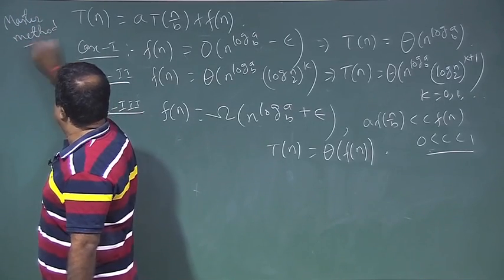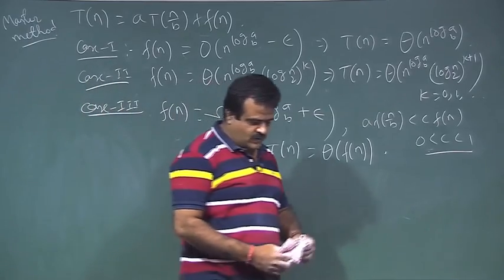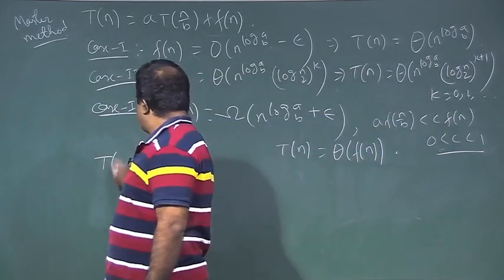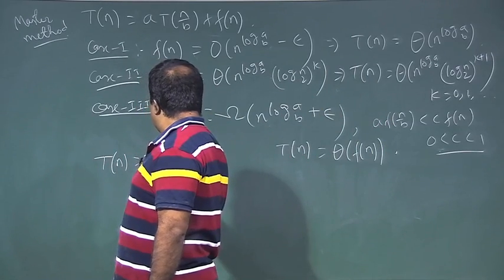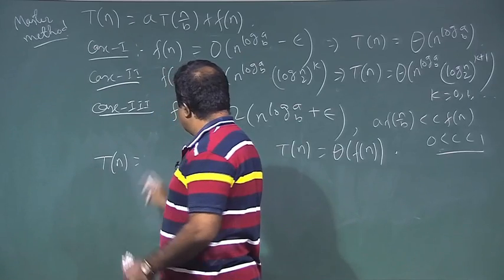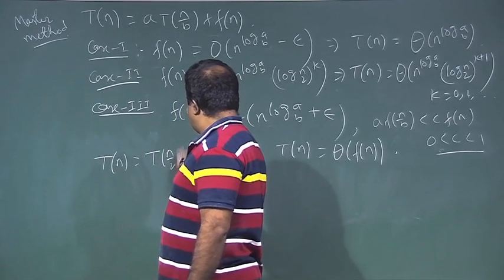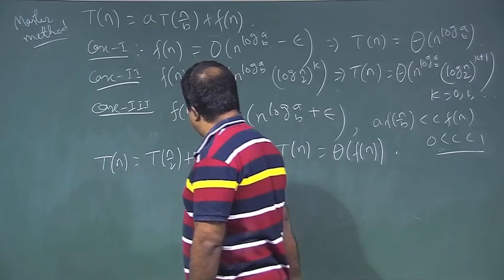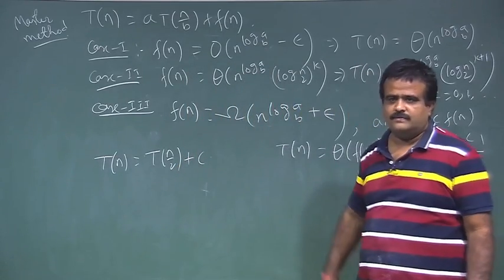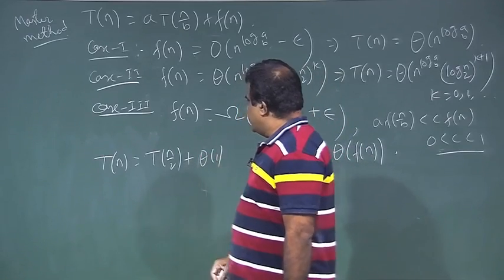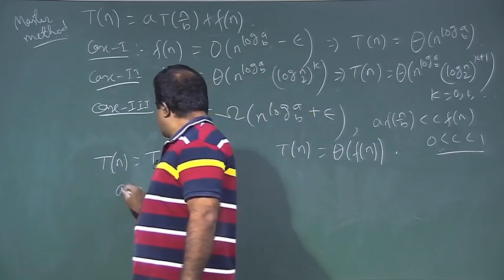Okay. Now we have a recurrence. The binary search recurrence is T(n) = T(n/2) + theta of 1, that means just a constant. Now, what is a? a is 1.